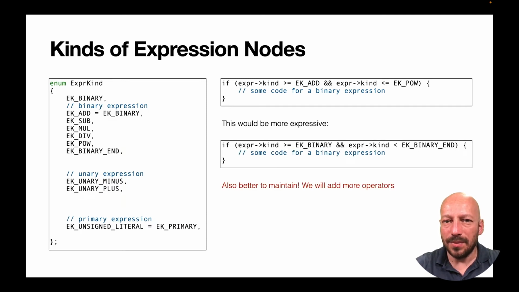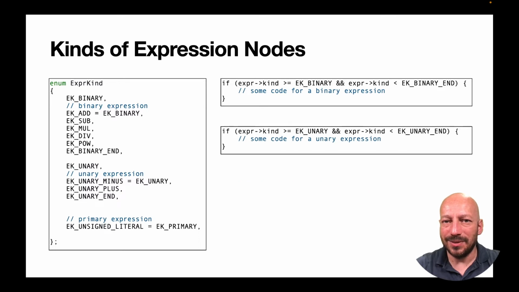The marker for the begin of a group has the same value as the first enum constant in this group. And the marker for the end has the value of the last enum constant in this group plus 1. For marking the next group, you don't want to do it like that, because then you would have a gap between these 2 groups. And this would be hard if you have to check whether it's a binary or unary expression node.